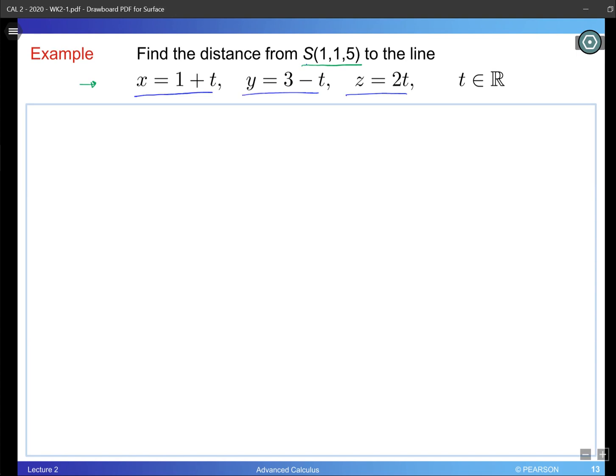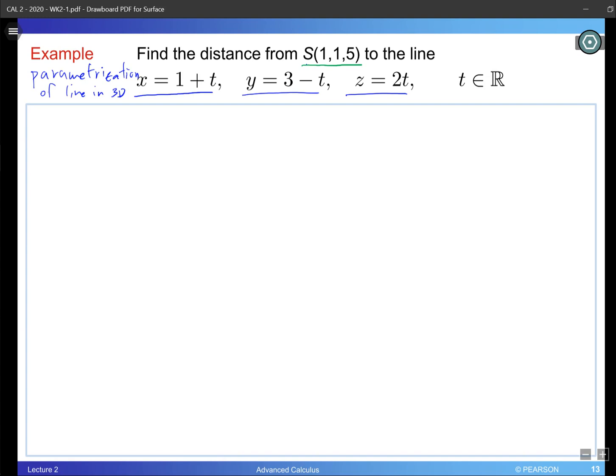What you see right here is the parametrization of some line. So we can put a note right here that what we have is a parametrization of a line in 3D, because we have x, y, z, right?